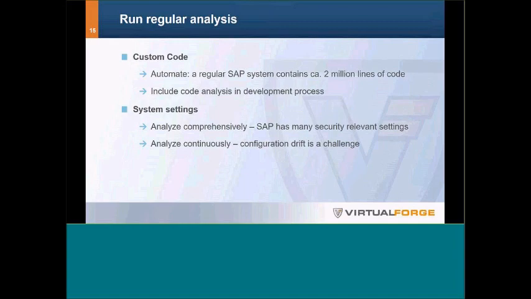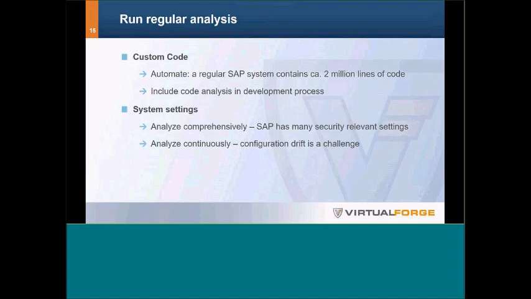Regular analysis also includes the system settings. With 320 million lines of code in an SAP Business Suite, there are a lot of security settings. Actually, we tried to count them once, and we stopped at around 1,000 because there were just too many.